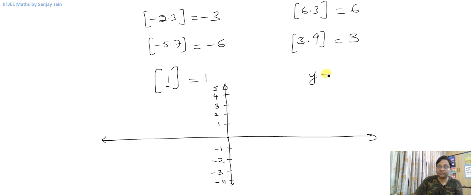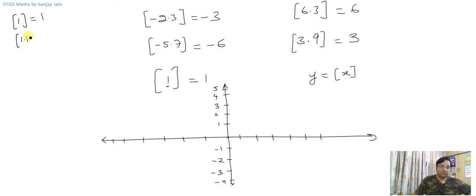What is the function that we are talking about? This greatest integer function or box function, box x, okay? Now you tell me one thing before drawing this graph. Let us say I put 1 here. What is the value that I get? 1.